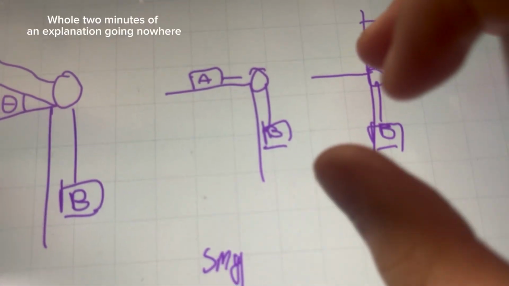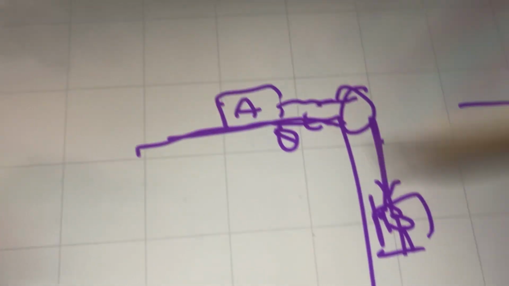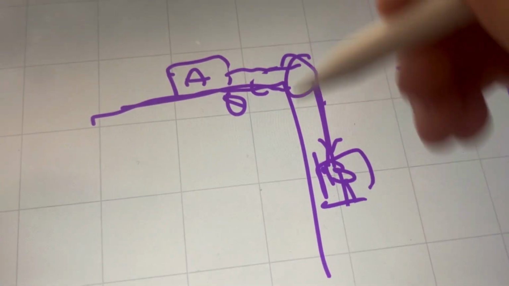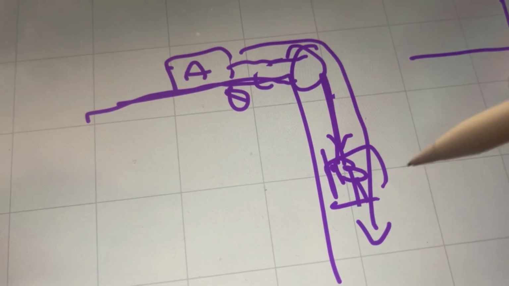Let's explain it this way. Block B wants to move A this way, so that's block B's magnitude.